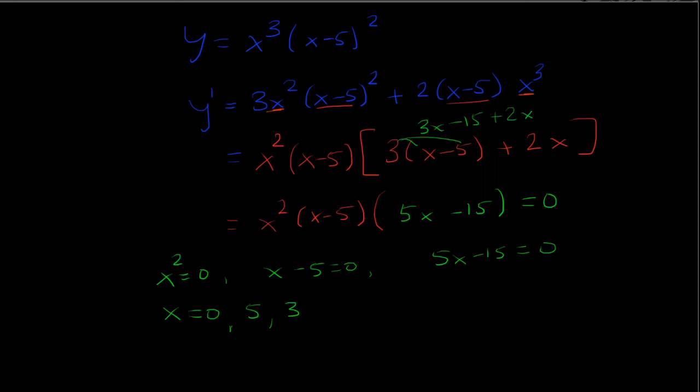Okay. Next step will be to classify the critical points. In here, it doesn't make sense to use the second derivative test because taking the derivative again is just a pain. So we're going to use the first derivative test.